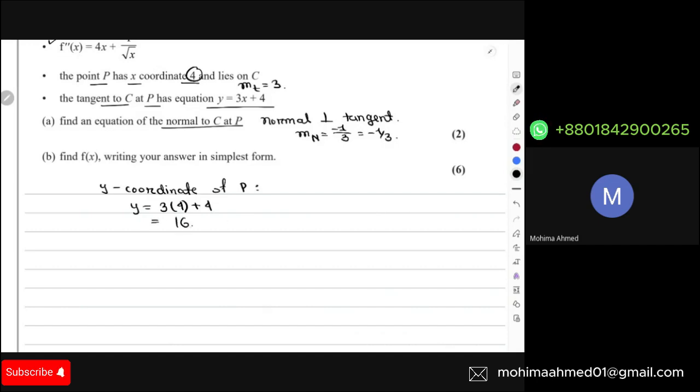P is a common point because P was the intersecting point for the curve and the tangent. So I can just insert that value for the x coordinate of P into either equation, the curve or the tangent.